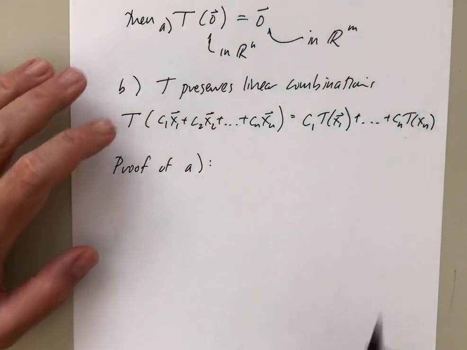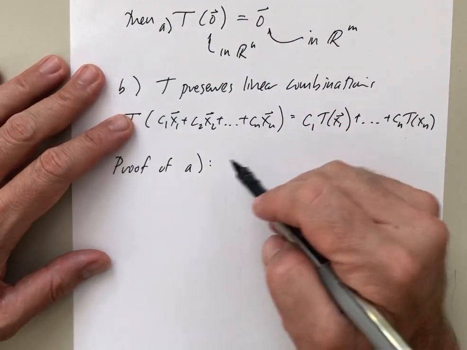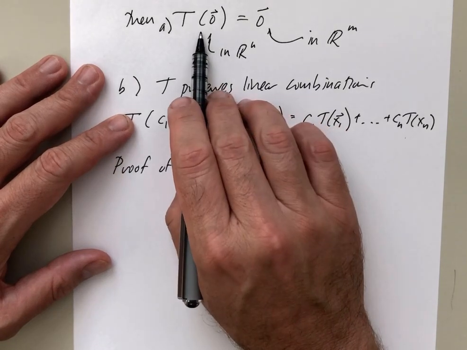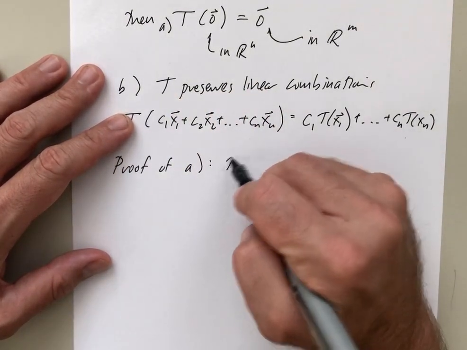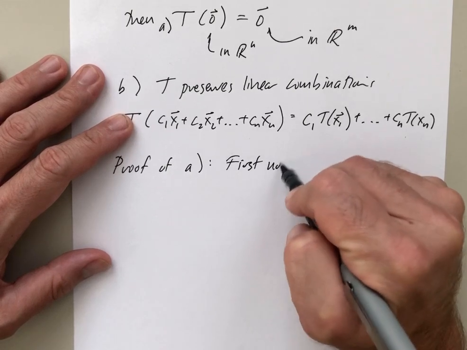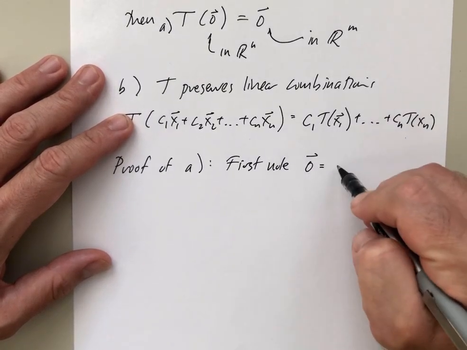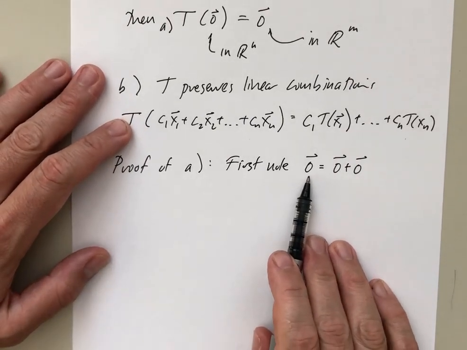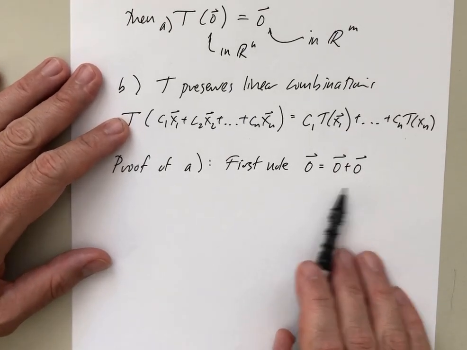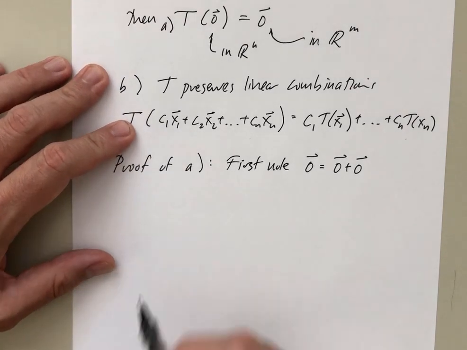So what do we have to do? We have to show that the zero vector gets sent to the zero vector. So what we're going to do is first note that 0 is equal to the zero vector plus itself. This is just a column of zeros, and it's the same as if I take two of them and add them together.